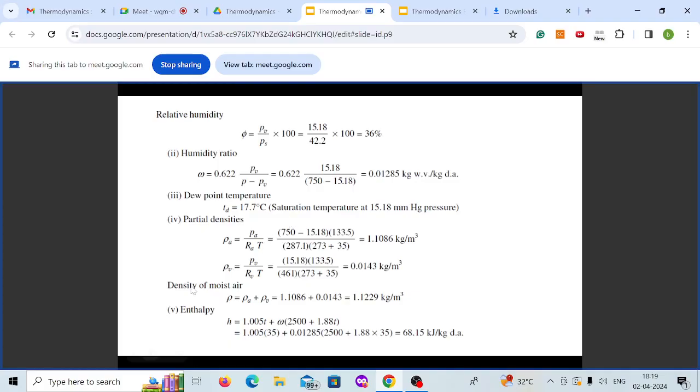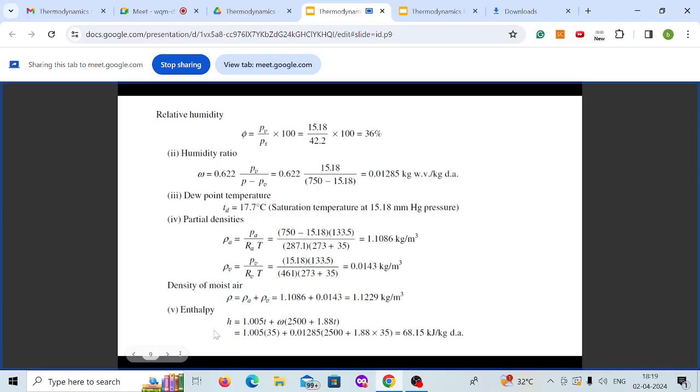So you have to find the total R first. The total density of moist air will be your total pressure divided by RA plus RV, the equivalent gas constant, into temperature. That will give you the total density. So there is a mistake here.